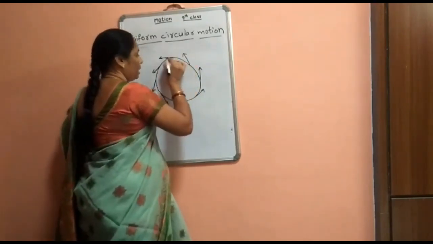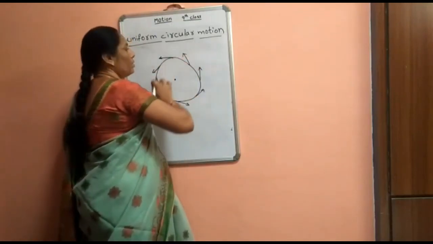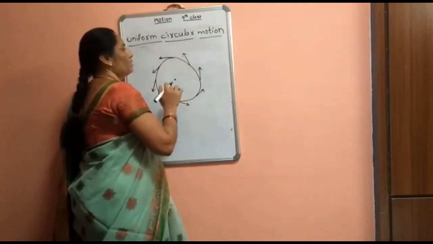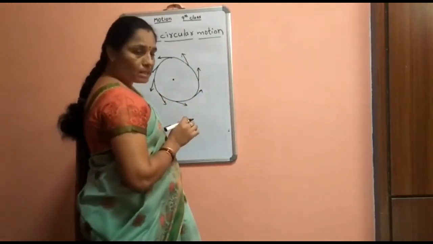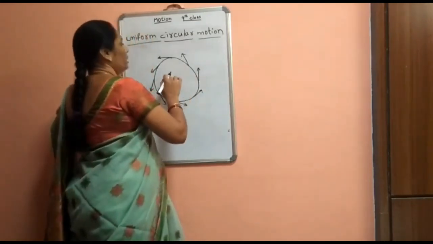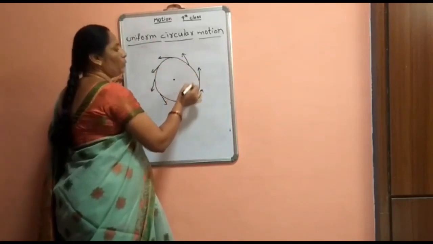So here one object is moving in a uniform circular path. Its speed is constant, but its direction changes from point to point.